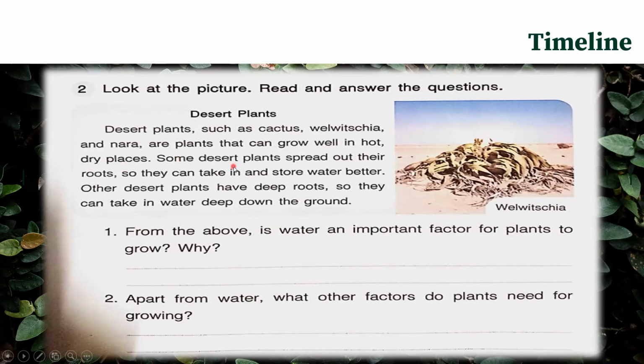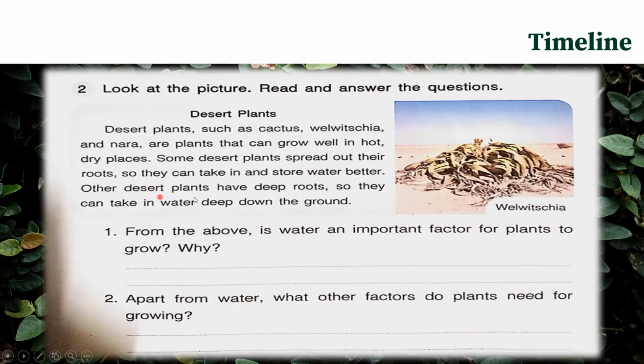Some desert plants spread out their roots so they can take in and store water better.